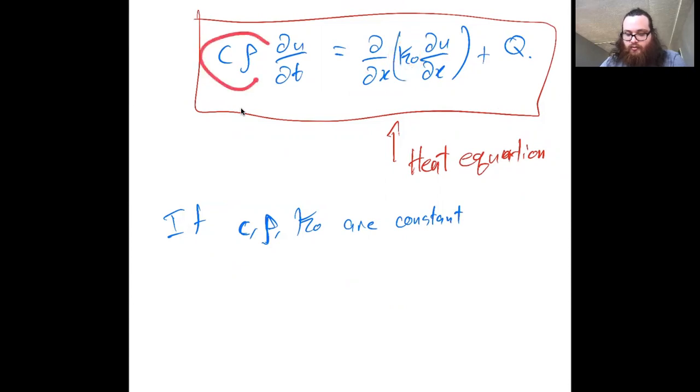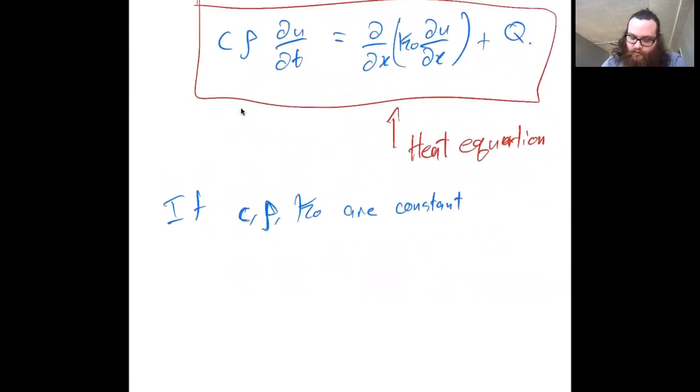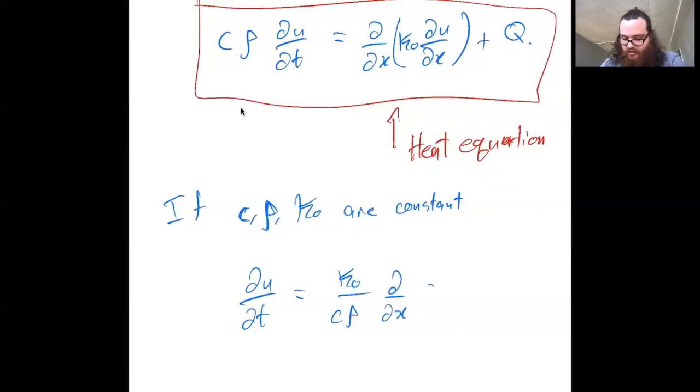These are both constants, presumably not zero. Then du/dt is equal to K0 over C rho, which is all a constant, times d/dx of du/dx, plus q.